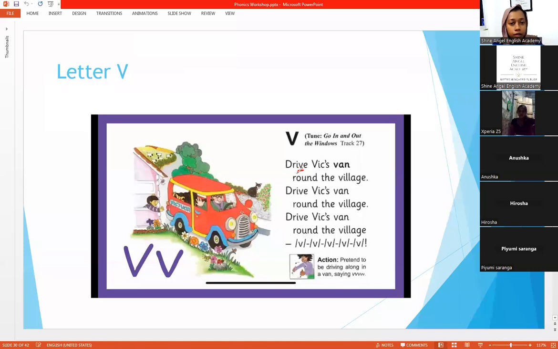Don't say it lightly. Say drive, so that the children can hear the sound. Big. Say big. Say big van. Round the village. Drive. Big van. Try to put pressure on those letters so that children can quickly grasp the sound.